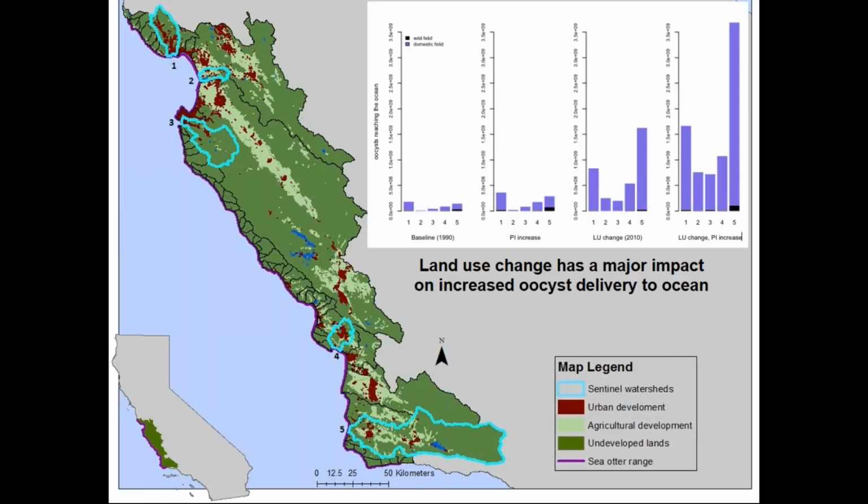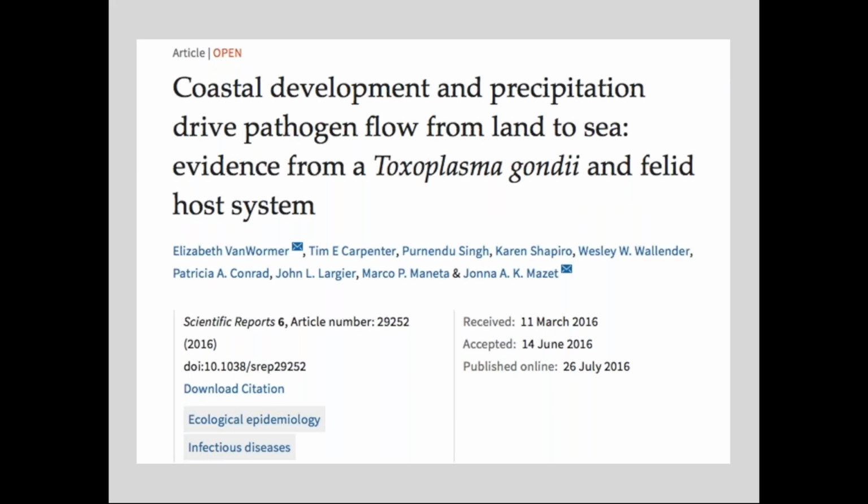And there's a lot going on in this slide, but I will tell you the salient findings were that when you increase precipitation and when there is greater land use modification, so that would be destruction of wetlands, more development, the oocysts reaching the ocean on this scale here increased quite dramatically. And here is the associated paper if anybody is interested in reading that.